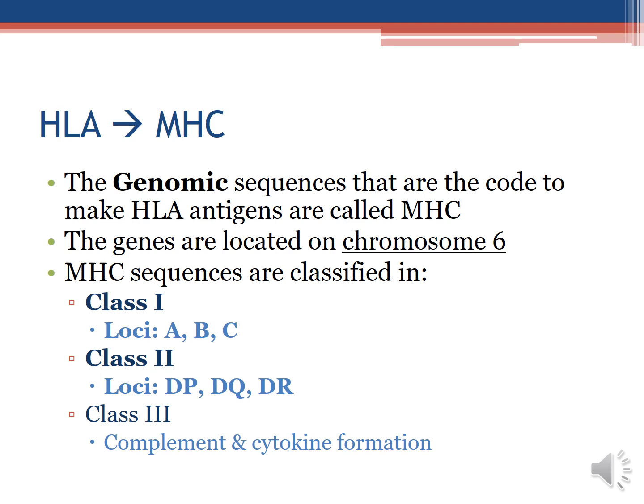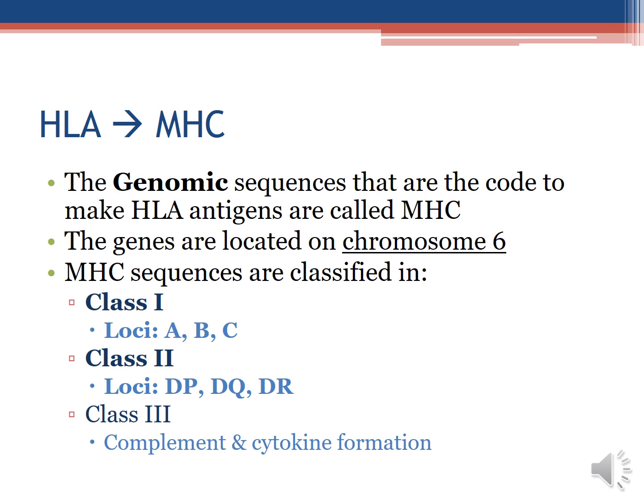Our HLA antigens are our MHC molecules. The genomic sequences that code to make HLA antigens are called MHCs. And these genes are located on chromosome 6. We have three different classes of MHC.